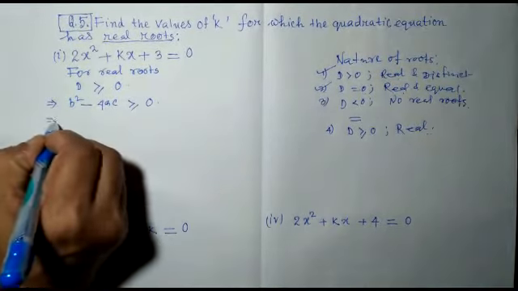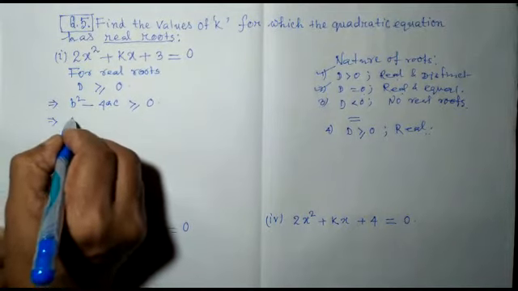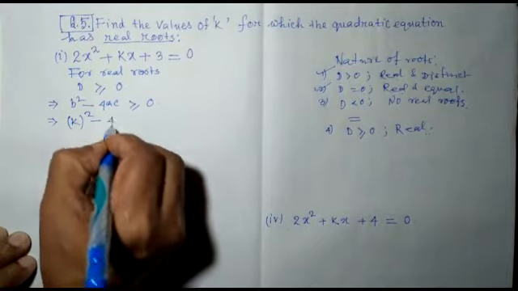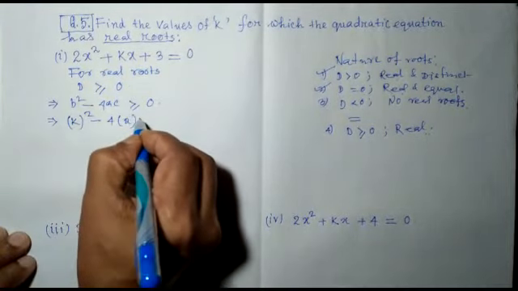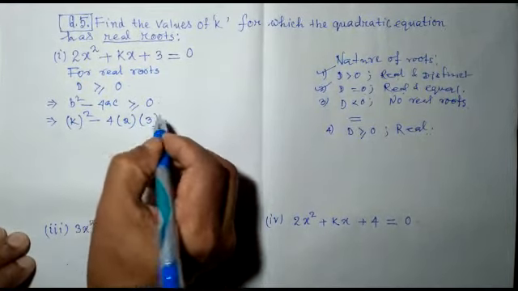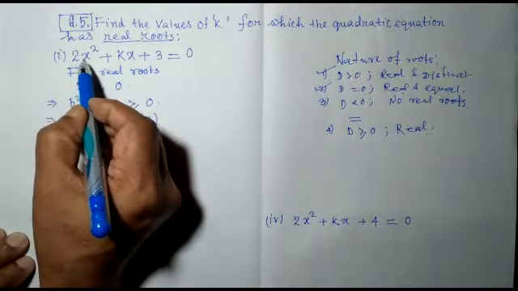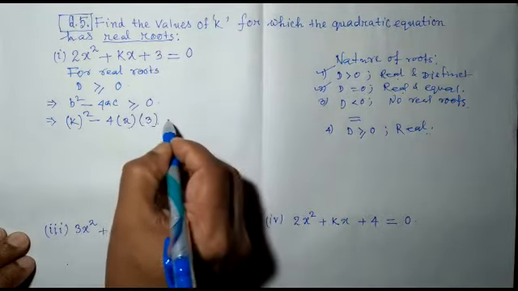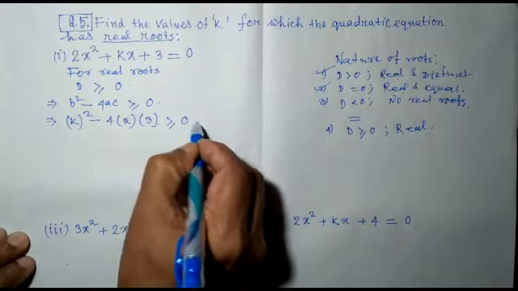So calculate b square minus 4ac. What is b here? k. k whole square minus 4. What is a? It is 2. And what is c? It is 3. Look here, a, b, c. a is the coefficient of x square, b is the coefficient of x, and c is 3. So here is greater than or equal to 0.